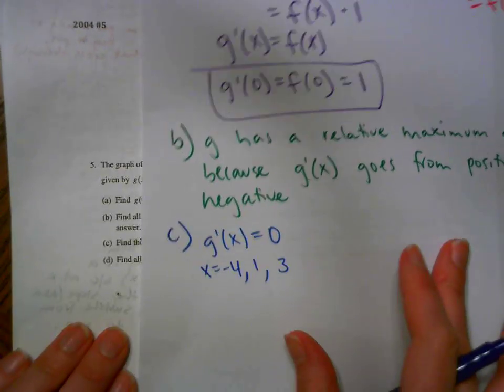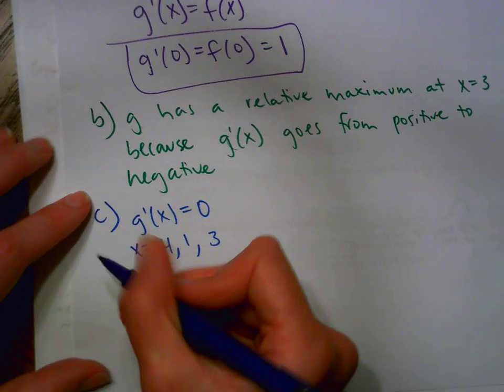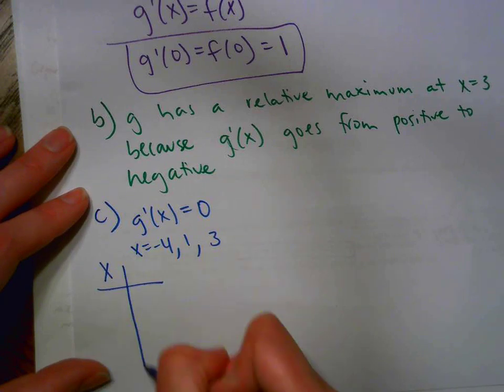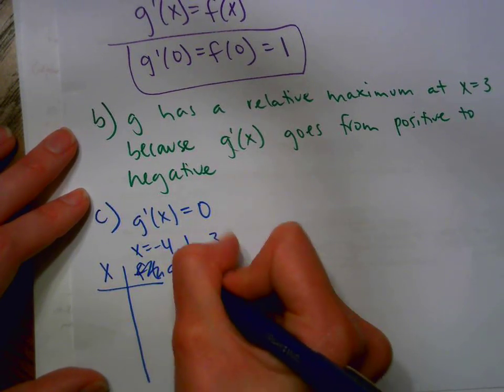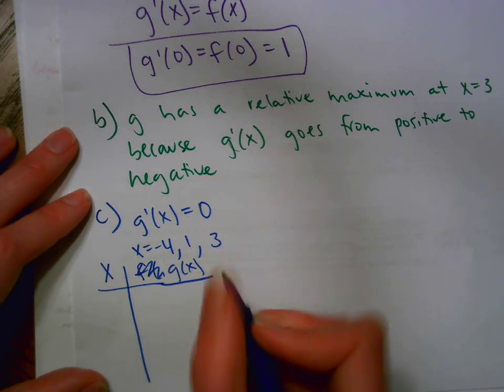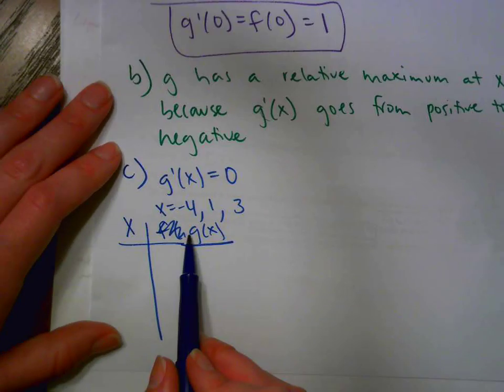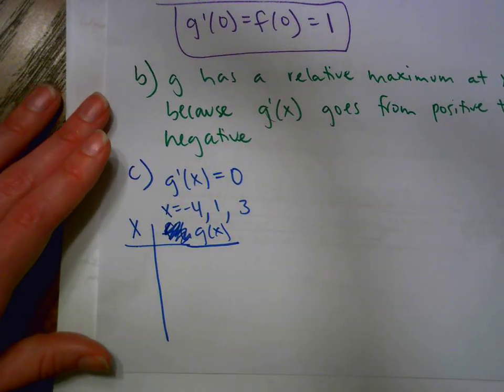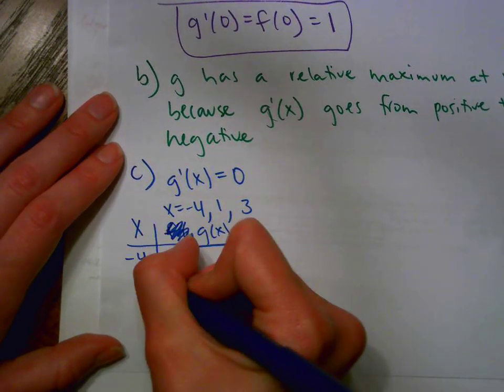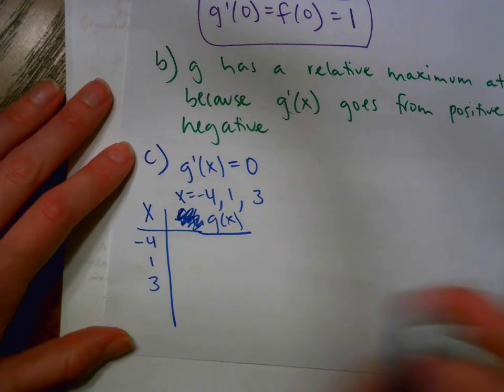And so we're going to create a table. Nope, not F. We're using G, right? Whatever you're finding the absolute maximum of should be what goes there. I'm going to write my critical numbers, and then my endpoints are -5 and 4.